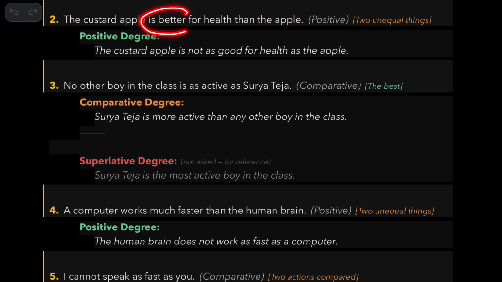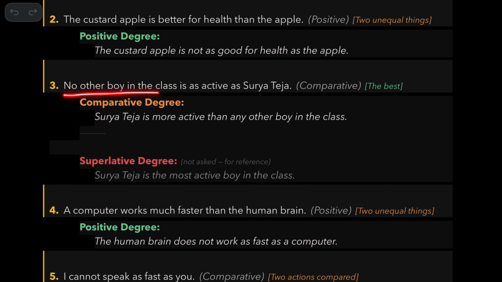If it is in the comparative, like in this sentence, change into positive. So what you need to do is understand which pattern it belongs to. Okay, so two unequal things, right? So positive degree: The custard apple is not as good for health as the apple.